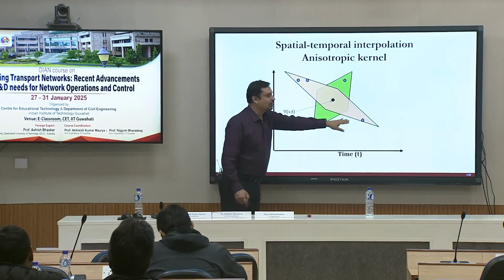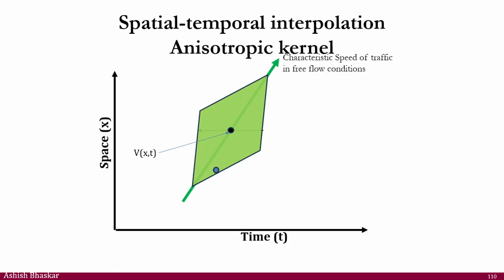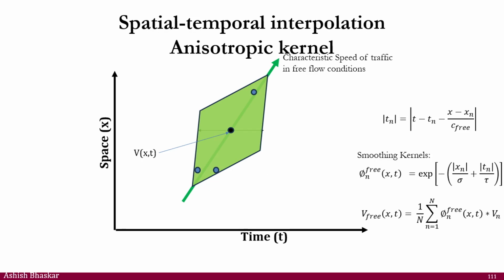You know your data points from the loops, and you can apply some kind of an algorithm to estimate how far this data point is from there along this axis. You can apply that and get a speed, for example.